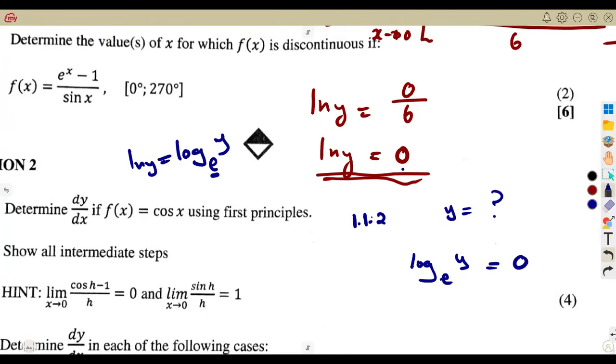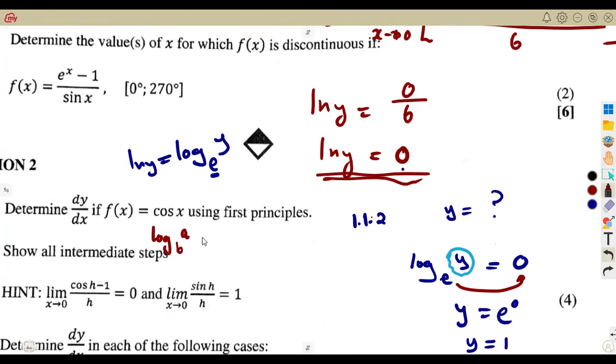Your exponents and logarithms, the relationship from your mathematics N3. You're saying y is equal to the base, which is e, raised to the exponent of the answer, which is e to the exponent of 0. And any number to the exponent of 0 is 1. Remember your conversion of a, b, c.